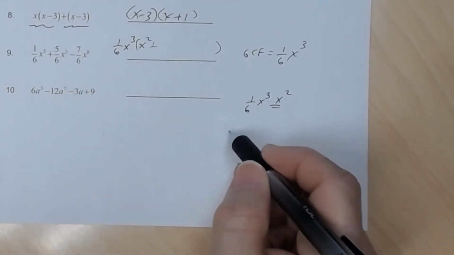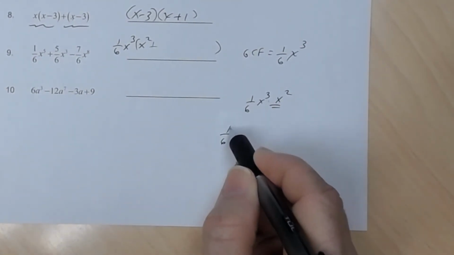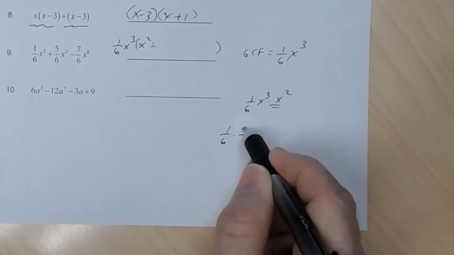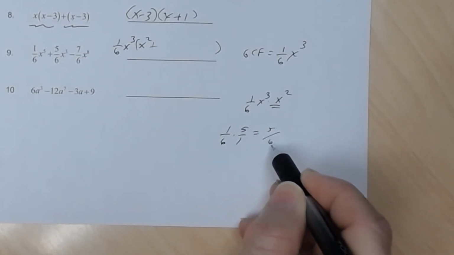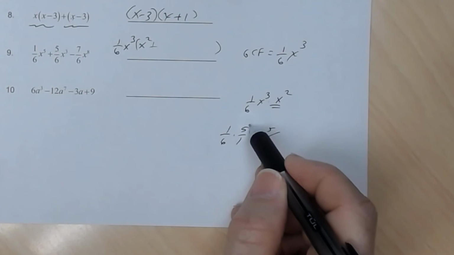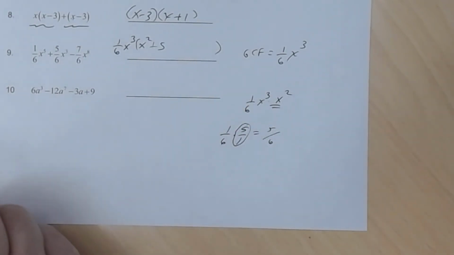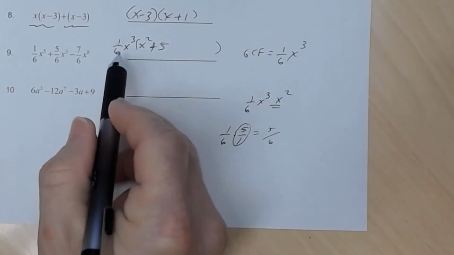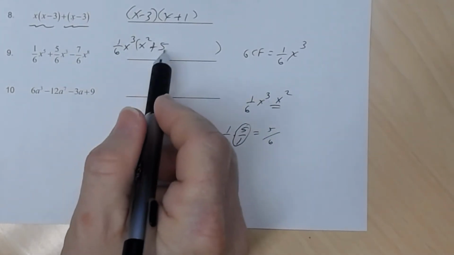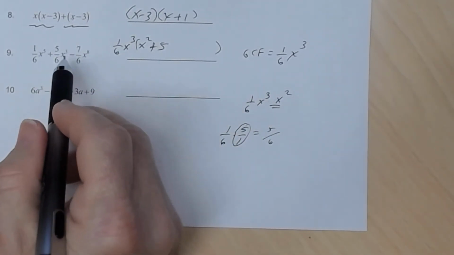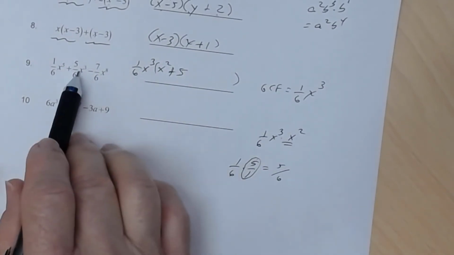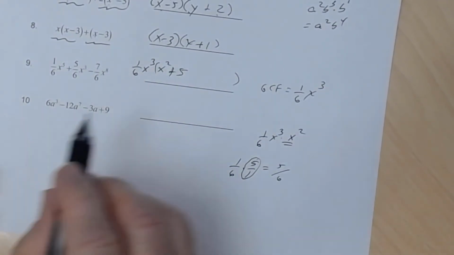So you gotta remember that when you multiply fractions, 1/6 times 5 over 1 is 5/6. So I need a 5 right here, because 1/6 x cubed times 5 is 5/6 x cubed. So I've already factored out all of the x cubes out of here.